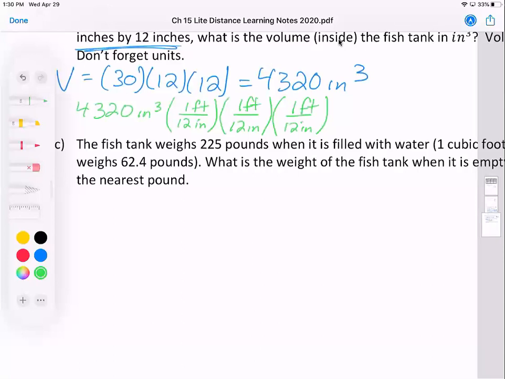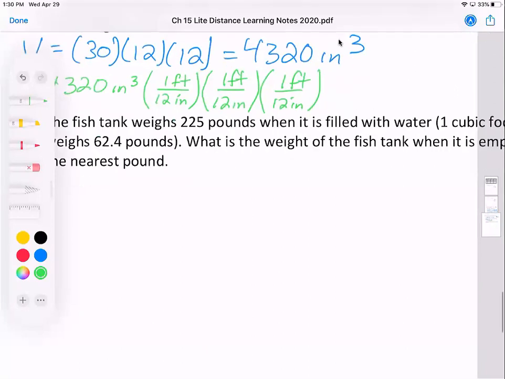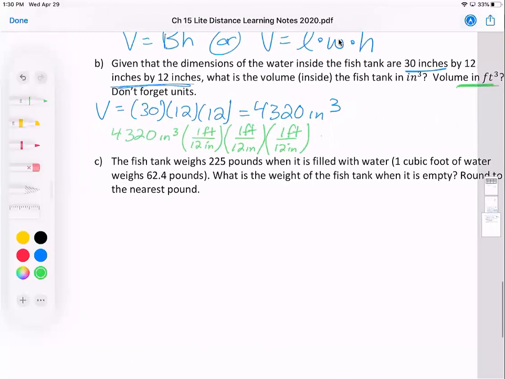So now we would have 4320 times 1/12, times 1/12 again, times 1/12 a third time. This would be equal to 2.5 cubic feet. So that seems like a pretty big difference, right?